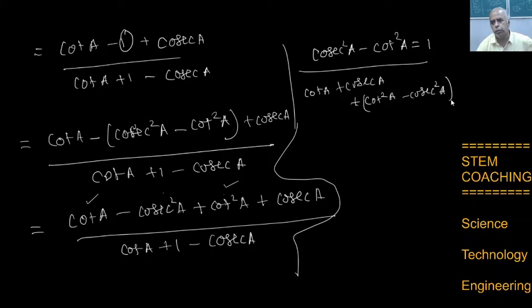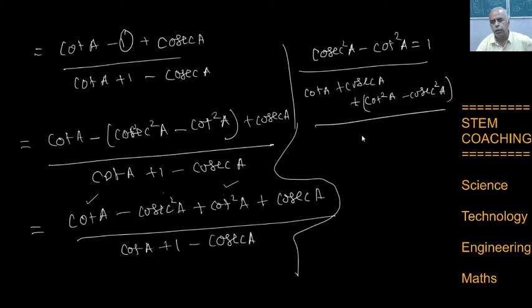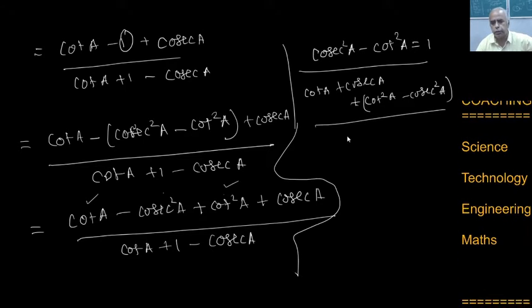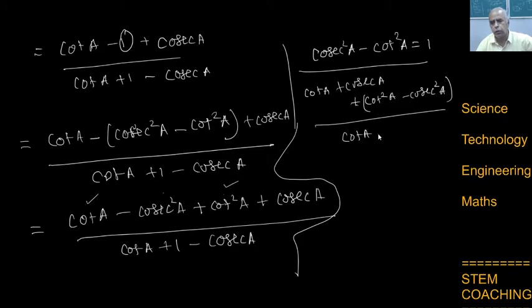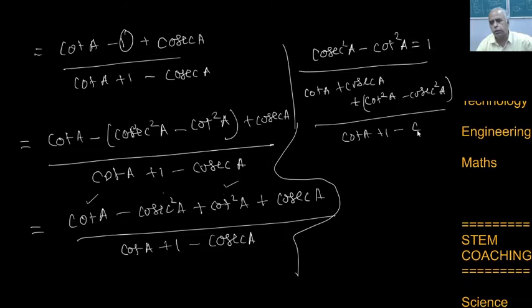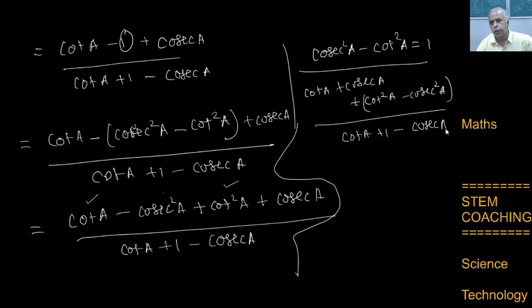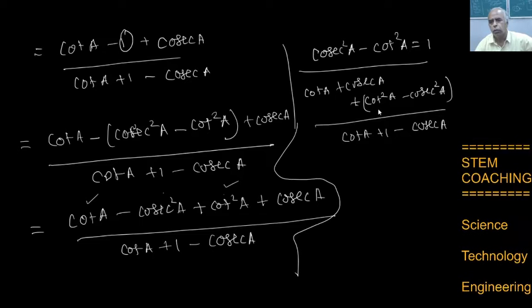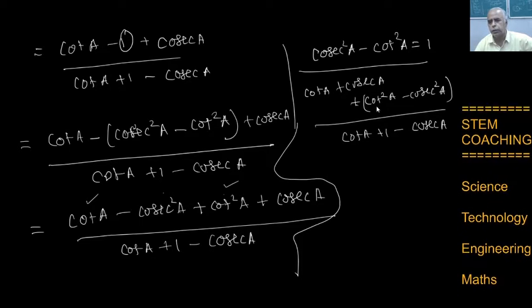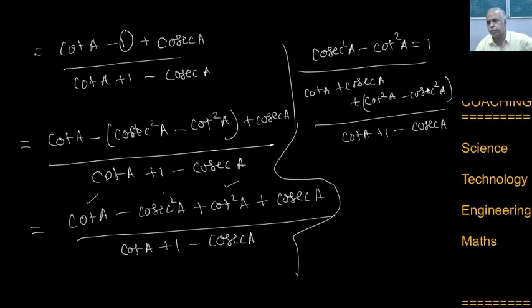A squared minus B squared is nothing but A plus B into A minus B. Am I right? So cot A plus 1 minus cosecant A. Now again, A squared minus B squared means A plus B into A minus B.